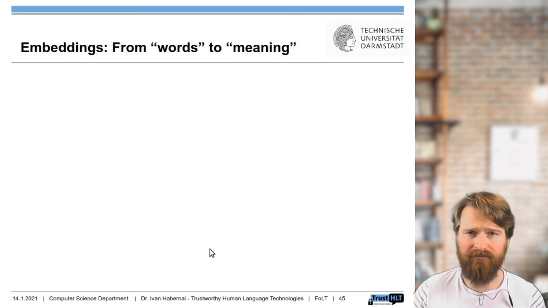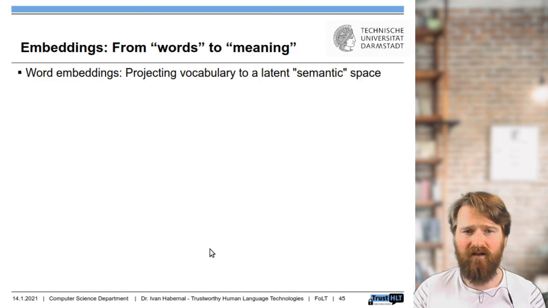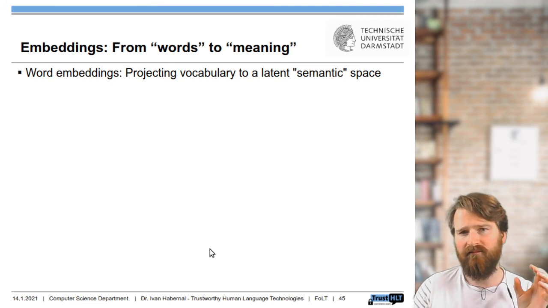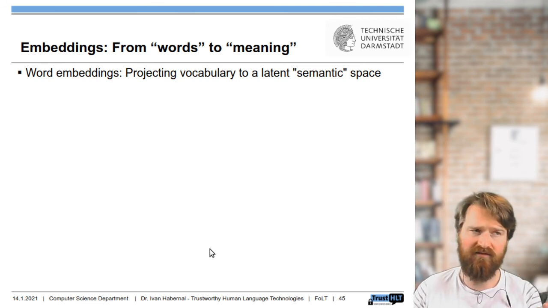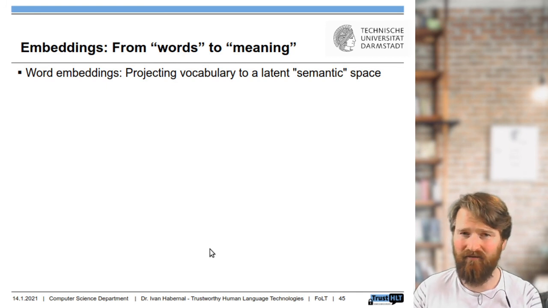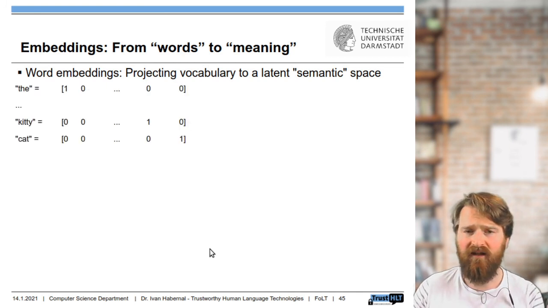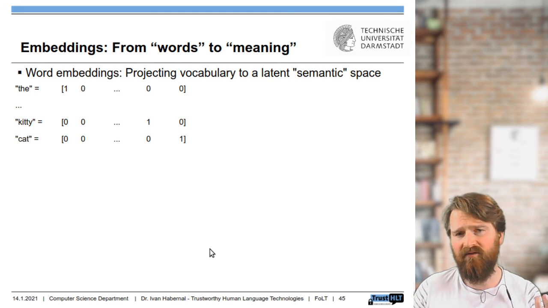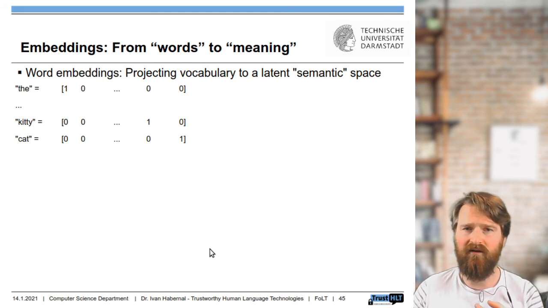But we can do better, and we can try to project the vocabulary to some other space. The vocabulary is sort of a space of vectors, a vector space, and we can try to find a projection to some other space where meaning plays a role.